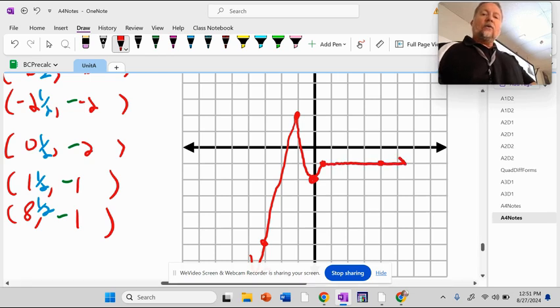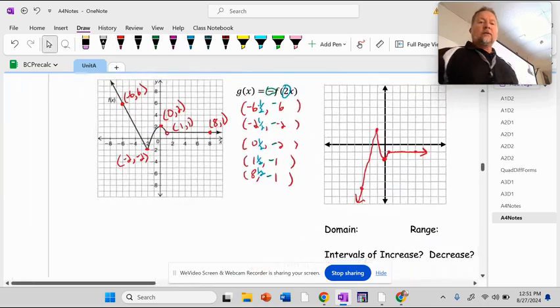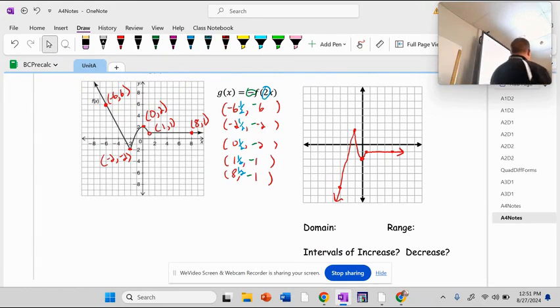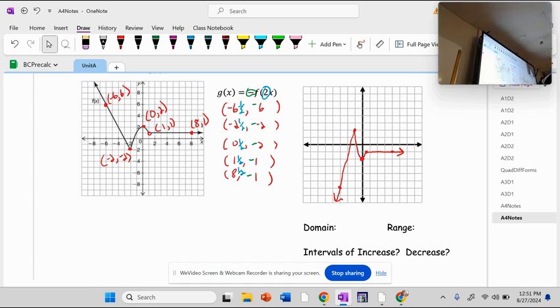So I still have the general shape there, and I do have that little parabolic part that we had in the middle, just flipped and then condensed a little bit. So this is still 4. All right. So order of operations is very key in those transformations.